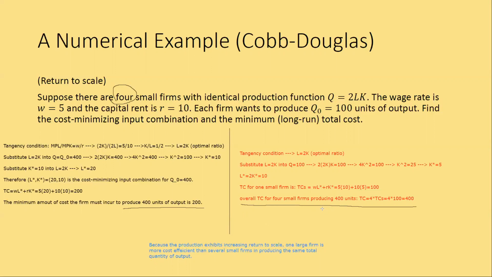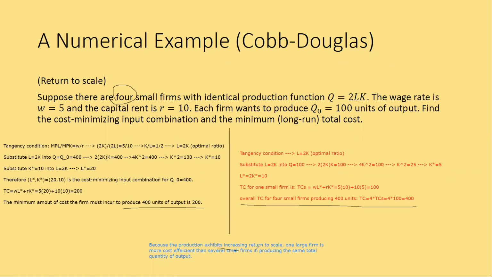And lastly, if the production function exhibits constant return to scale, and if you solve the 2 problems separately, you will realize that the total cost is always the same, regardless of how many small firms you split the large firm into. So let me highlight what's really important.